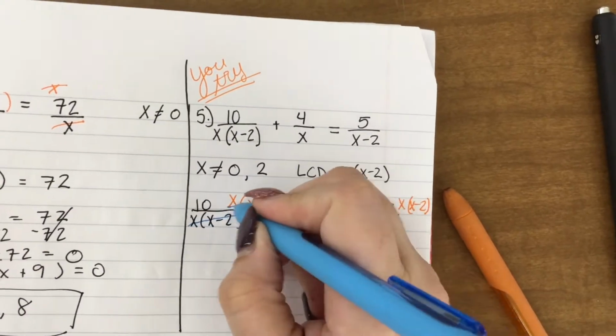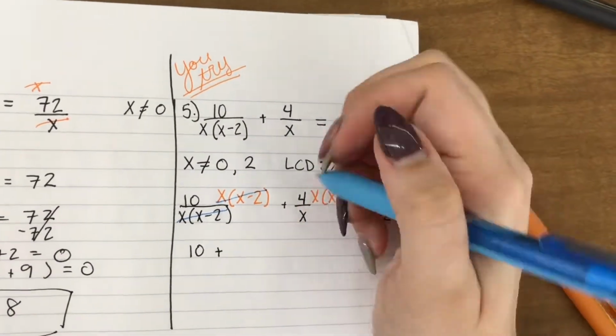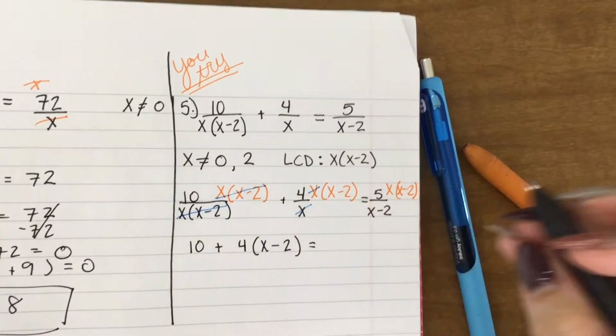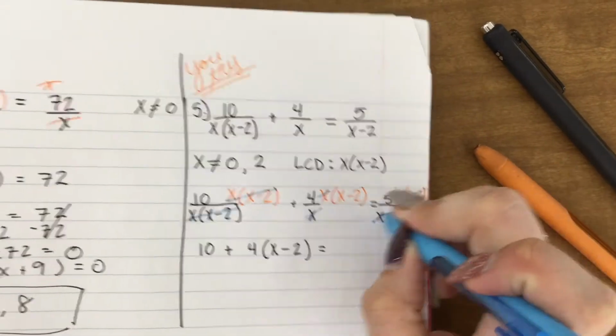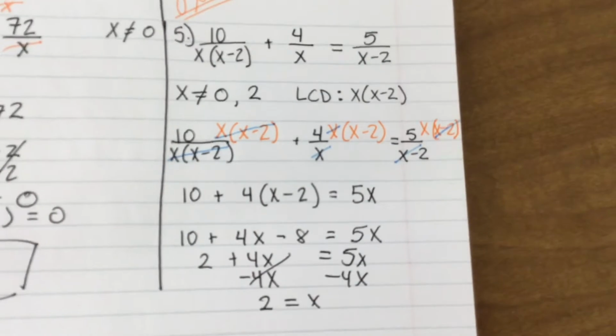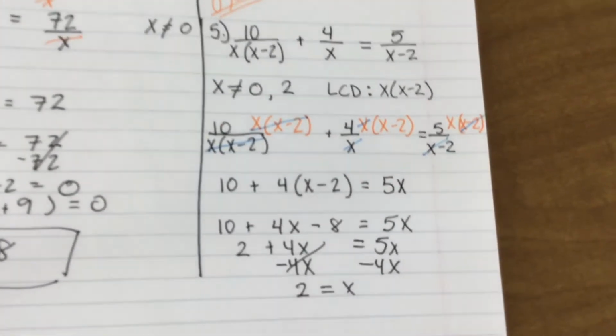All right, so in this first fraction, I can cancel out the entire denominator so that all that's left is 10. In the second fraction, only the x's cancel out, so all that's left is 4 times x minus 2. And in the last fraction, the x minus 2's cancel out, so that all that's left is 5x. You solve this like you would a regular multi-step equation.